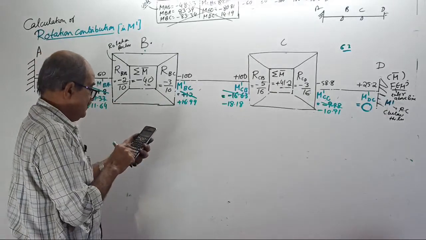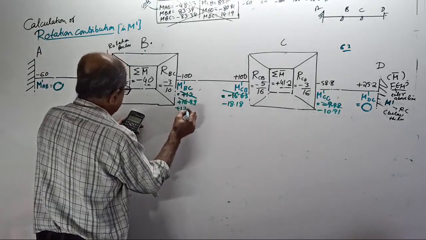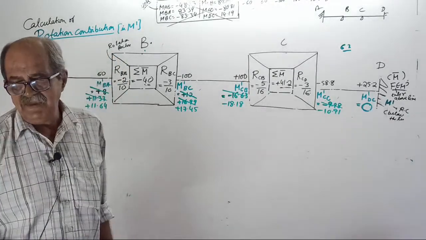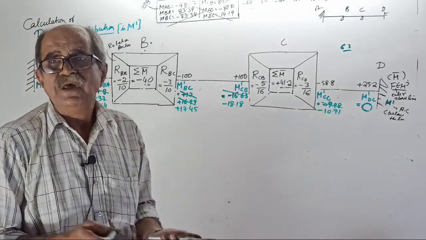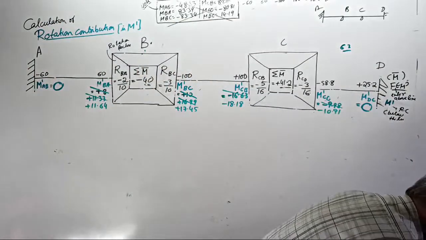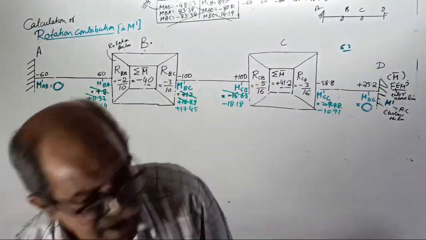That side plus 17.45. Clear? Tell me. You can do it later, not now. After the class you try. See correctly what I am doing. Clear now? Third round. Clear? Okay. Now, come to C.